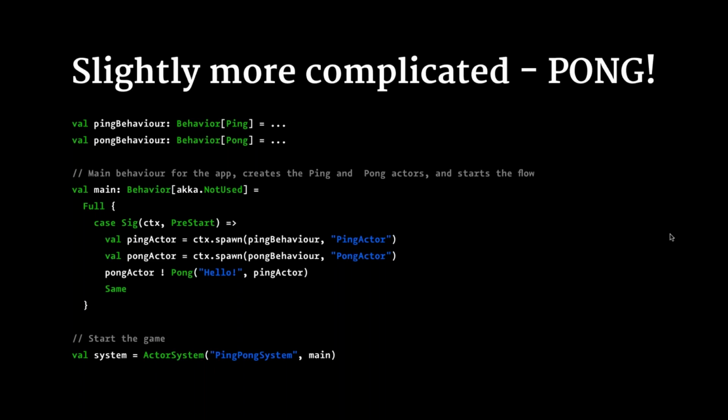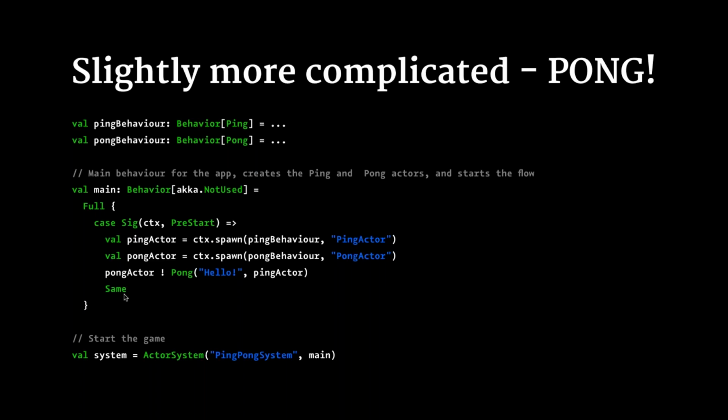So when the main behavior starts, what I'm going to do is create an instance of both of those actors, ping and pong, and then start the process by sending one message, sending the ping message and putting the actor ref for the other actor in there. So this line in here where I'm doing the tell is what's kickstarting the game. And then I'll just go back and forth.